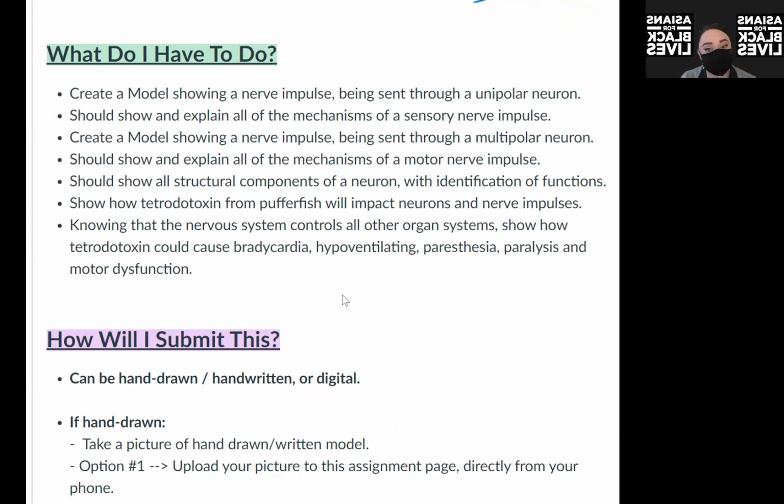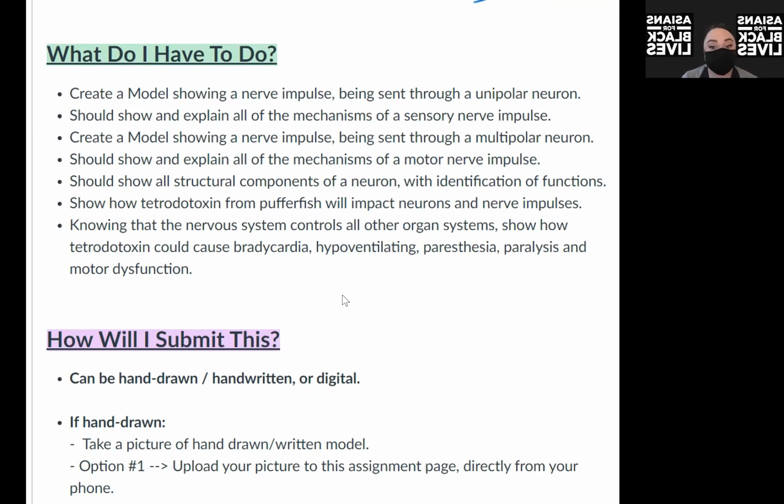And it should show and explain all the mechanisms of a motor nerve impulse. Should show all structural components of a neuron with identification of the functions. Should show how tetrodotoxin from pufferfish will impact the neurons and nerve impulses.